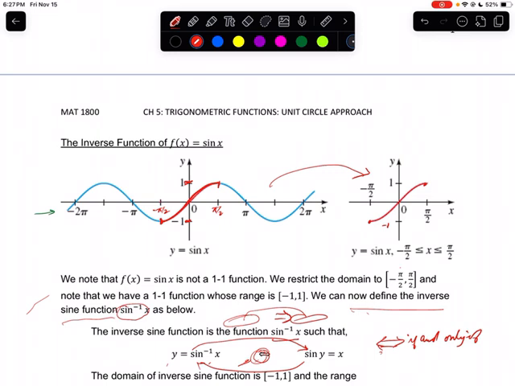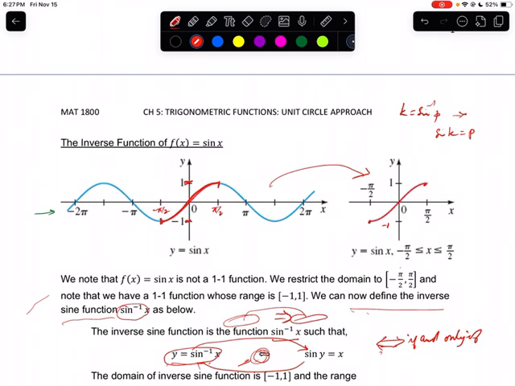Whenever you see something like this written, for example k equals sine inverse of p, you can immediately say from here that sine of k equals p, or p equals sine of k.